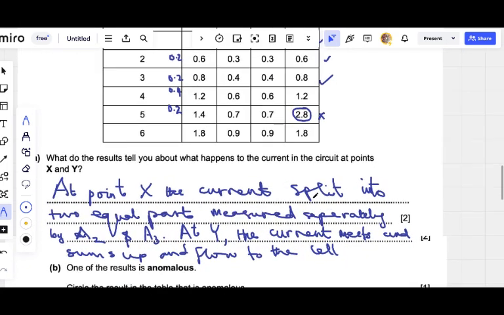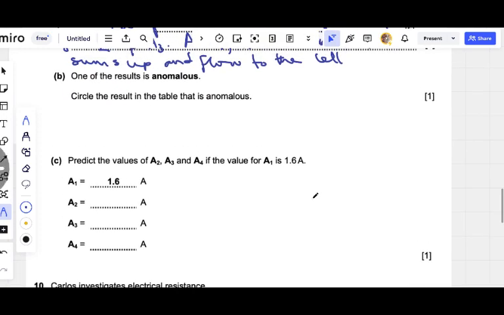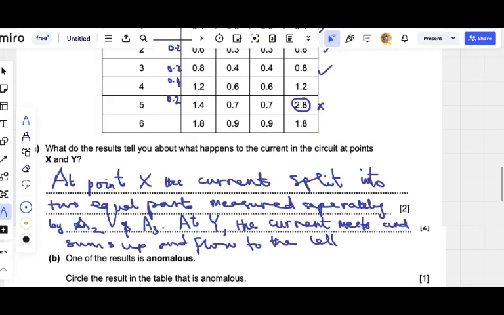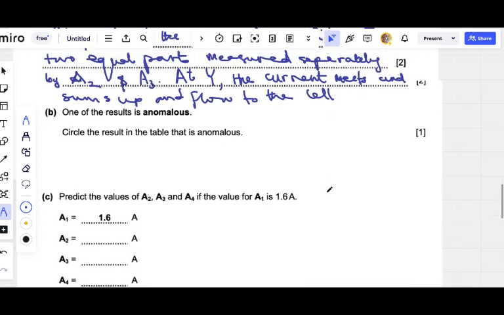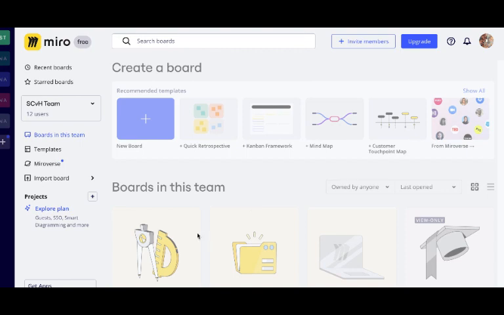So they are asking us where is the abnormality in the table. They say we should circle it. So we already circled this one. This is the abnormality. So here you get 1 mark for noting this. Because it's different from your A1.